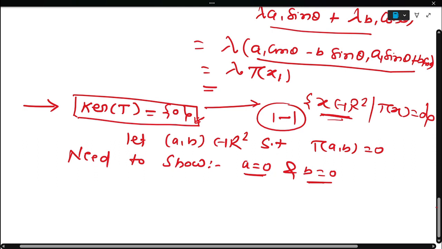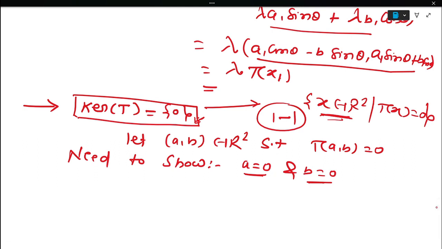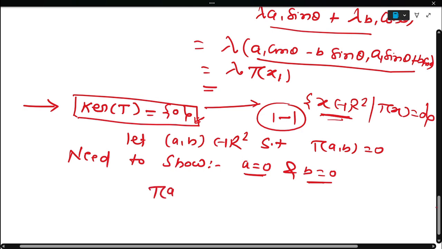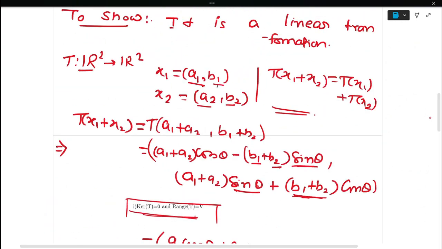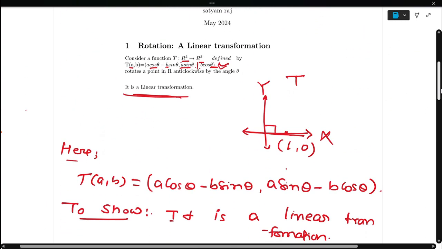So by the definition of this rotation map, T of (a, b) is (a cos theta minus b sin theta, a sin theta plus b cos theta). We can see here, this is the definition we have written here.